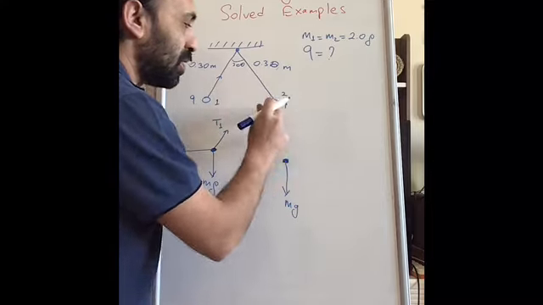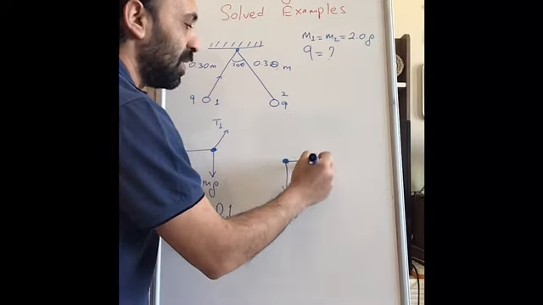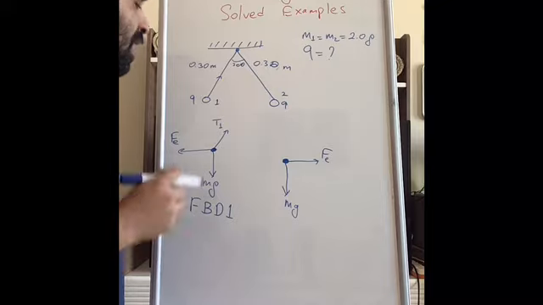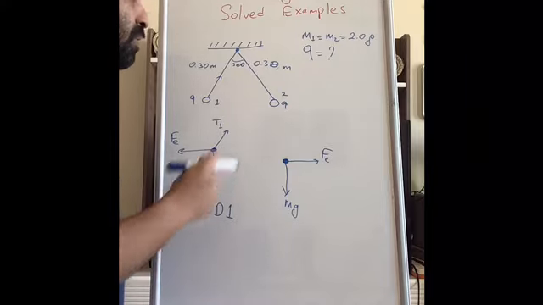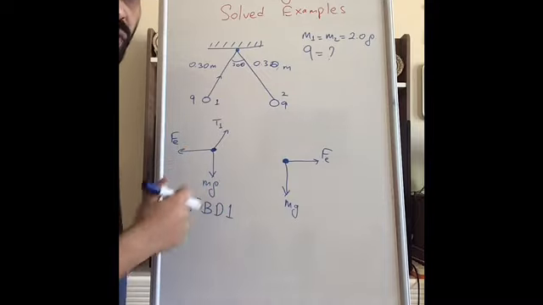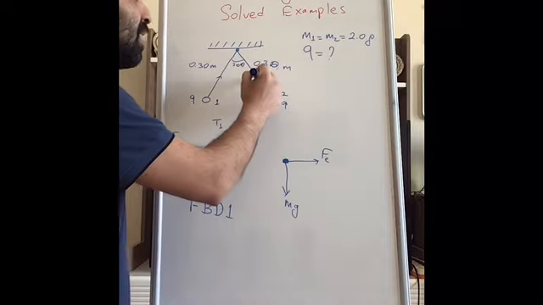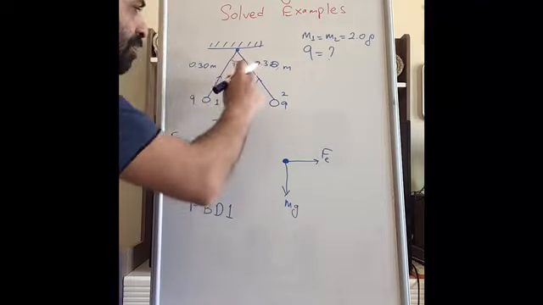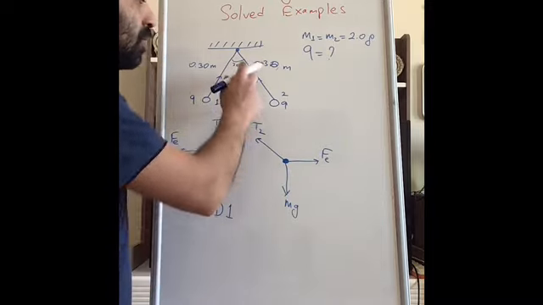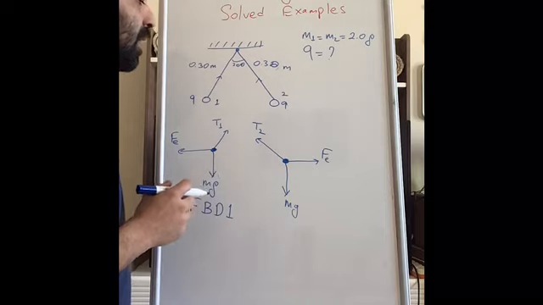The electric force on the second sphere will be in this direction because it is repulsive. By Coulomb's law, we know the electric forces will be equal but in opposite directions, like action-reaction forces. And now again, the tension T2 on the fishing line.